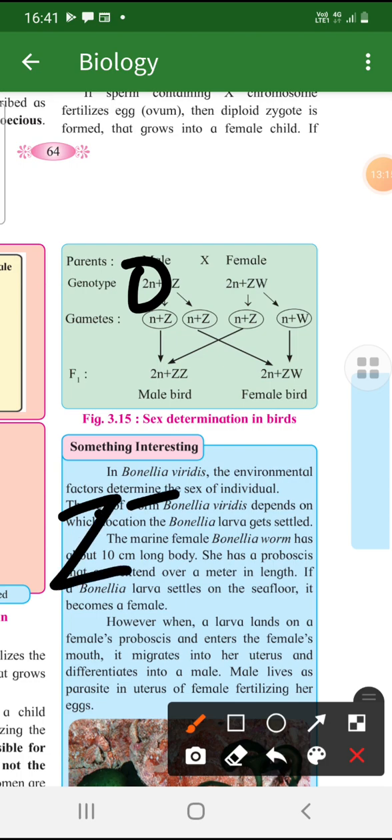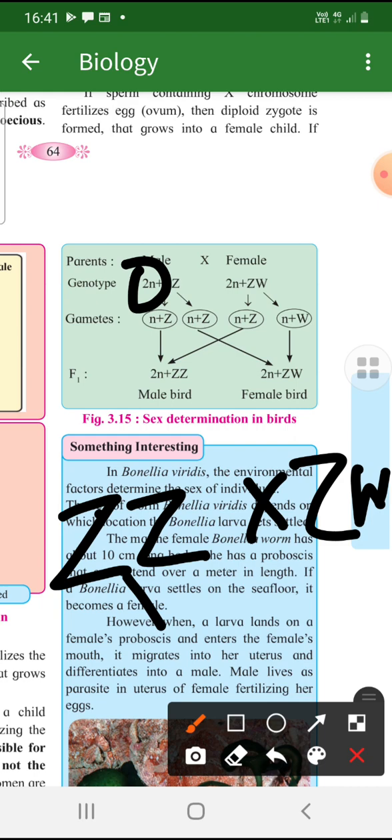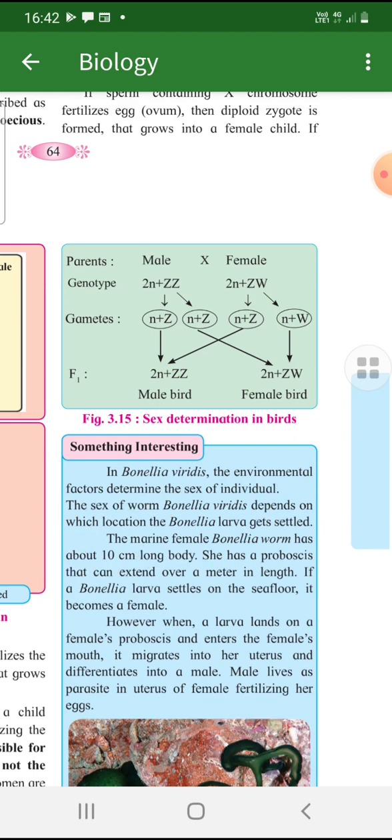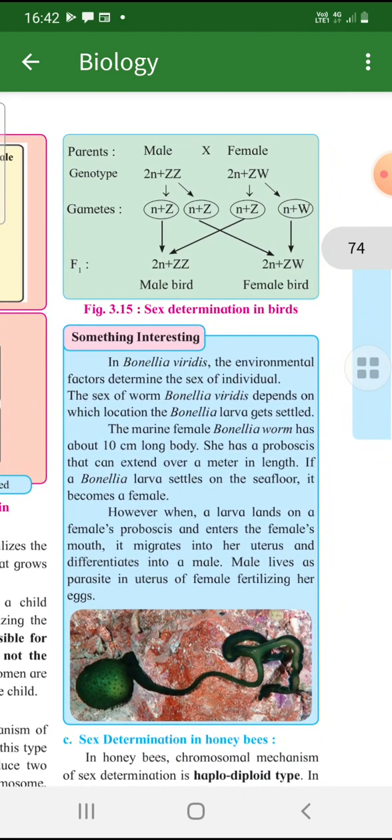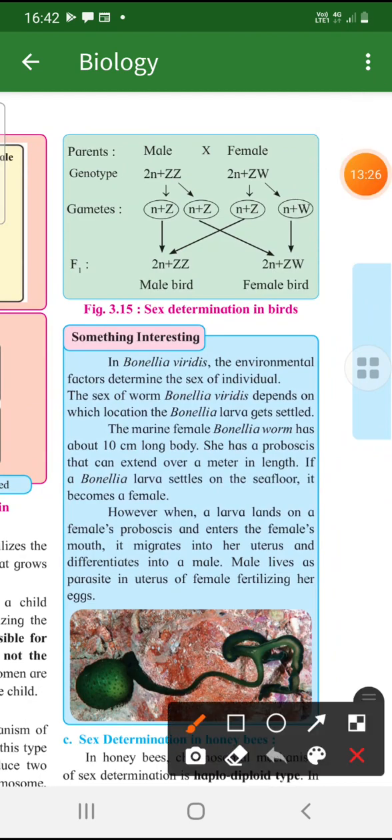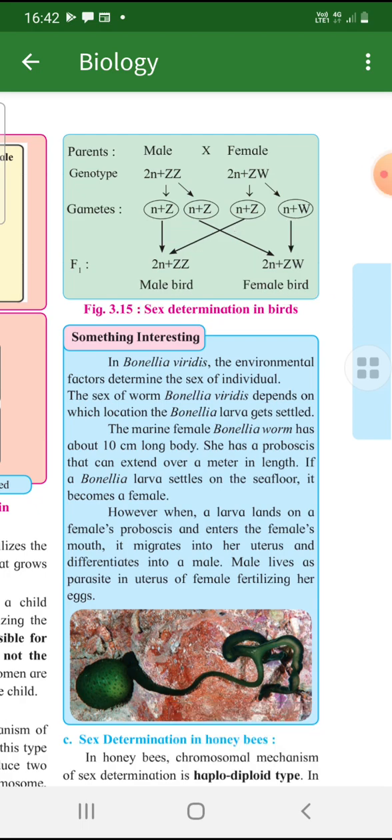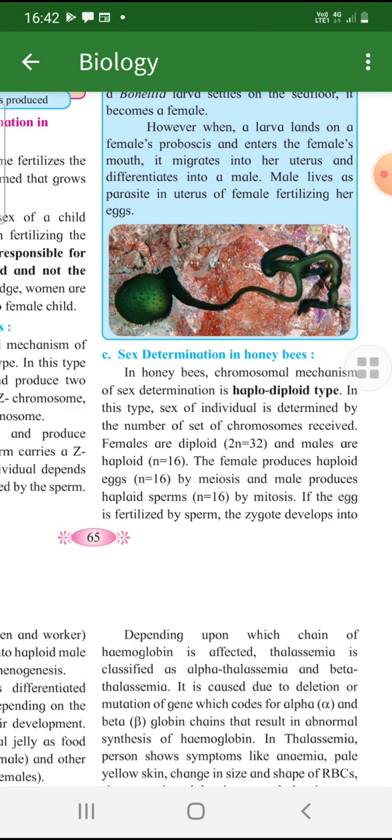Even if you do it like this, you will score marks. Nobody will cut marks for you, OK? And it's not difficult also. 2N is divided, distributed, you can write it. यहाँ पे भी एक N है, यहाँ पे भी एक N है, यहाँ से भी it is distributed. It is the calculation of number of chromosomes.